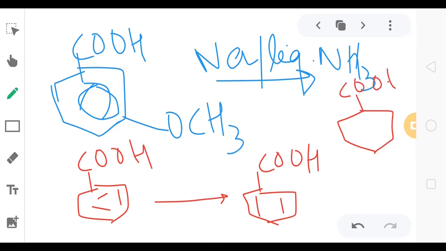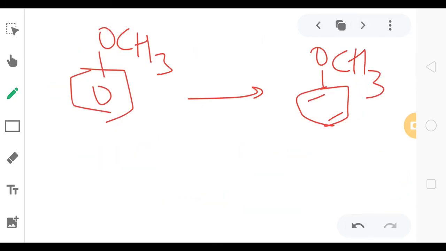See how I am going. OMe is OCH3, okay, because it has not sufficient space. Let me make it in the next slide so that you can understand very easily.